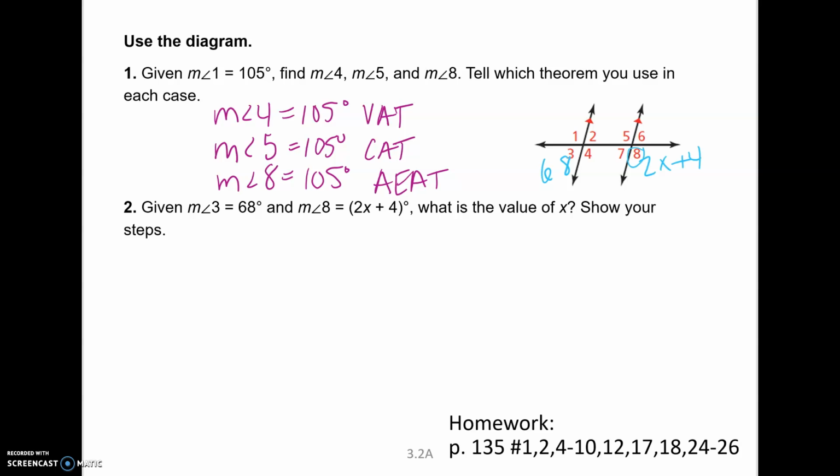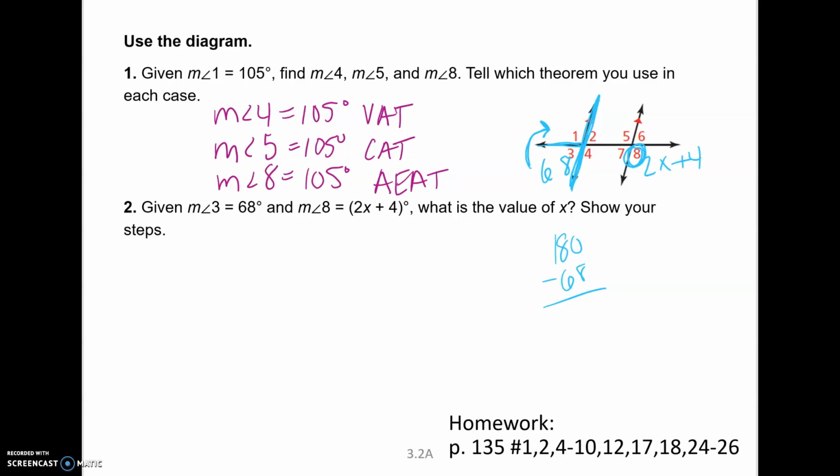So I know angle 8, which we figured out in the last problem, is supposed to be equal to angle 1. So how could I figure out what angle 1 is? Okay, so I know this is 68. I've got a straight line here and I'm trying to figure out angle 1. So what I'm going to do is take 180 minus my 68 in order to figure out what the measure of angle 1 is.